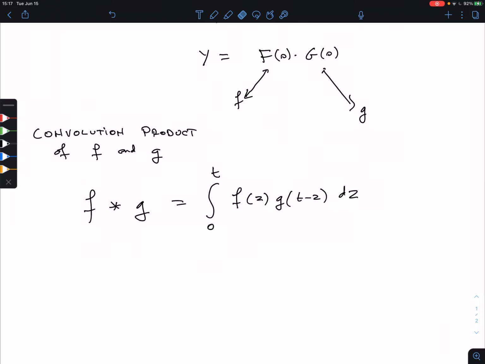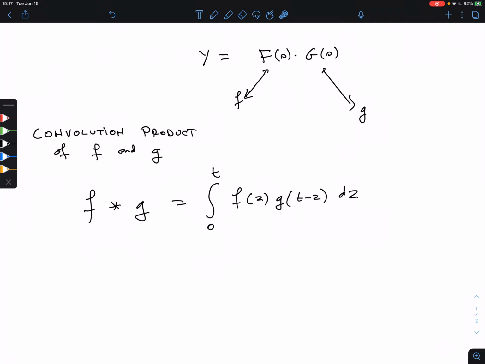So notice what has happened here. We do actually multiply f and g in some sense, but in a twisted way. So this is z, but this is some kind of twist of g. Okay, now be careful, it's not z minus t, it's t minus z.